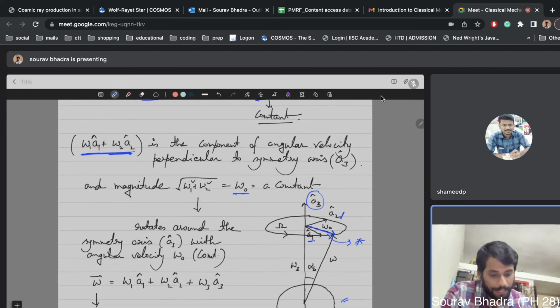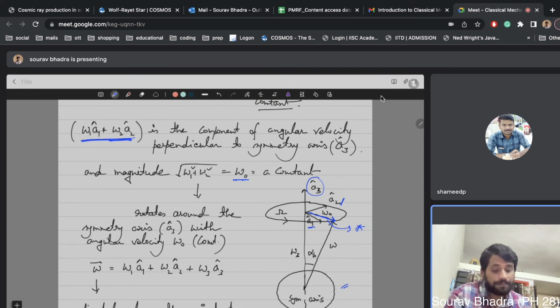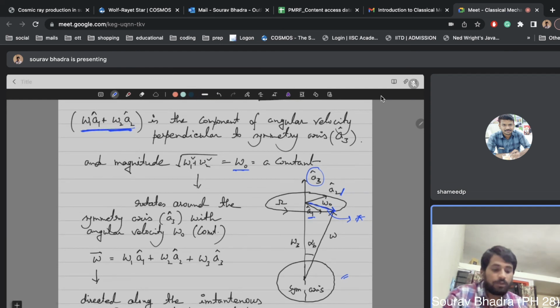Now what it is actually saying is that the total omega, which is this one, which is the combination of a1, a2 and a3, all three directions, is this.